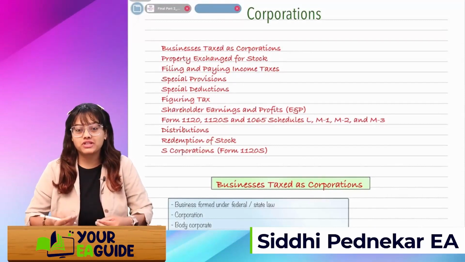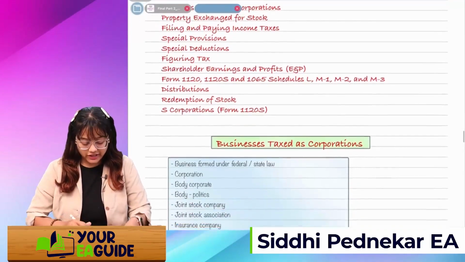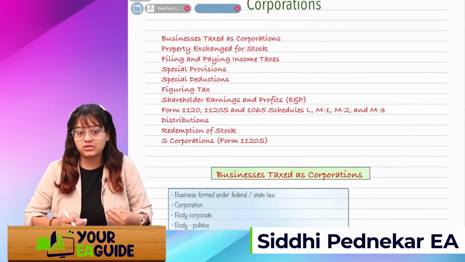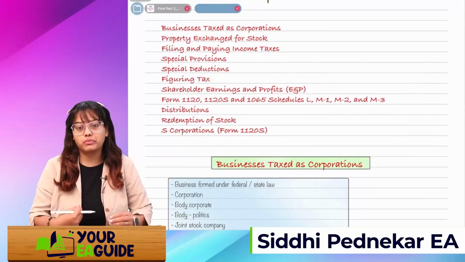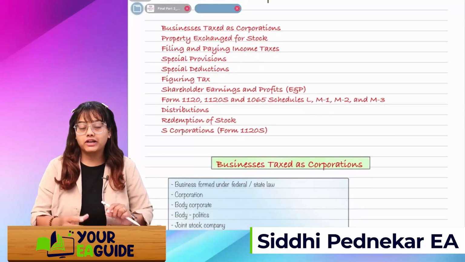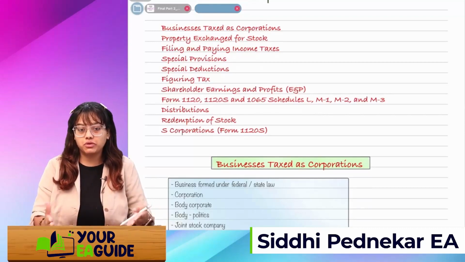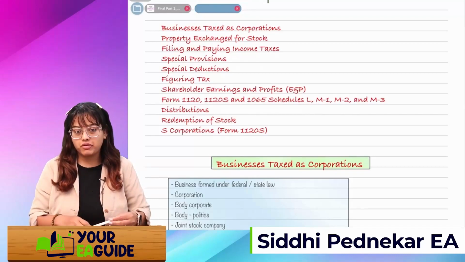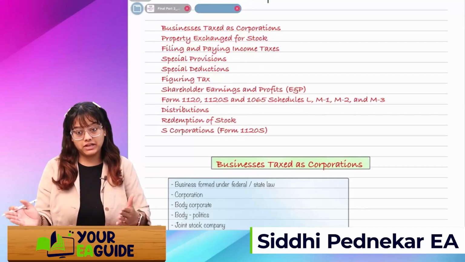So, today we are going to start with the next important chapter, that is corporations. In corporations, first we are going to see which businesses will be taxed as a corporation, how the property exchanged for stock in the corporation will take place, what are the filing and paying income tax penalties and other special provisions, some special deductions, figuring the taxes, shareholders, E&P, earnings and profit, Form 1120, 1120S, and 1065 Schedule L, M1, M2, and M3.